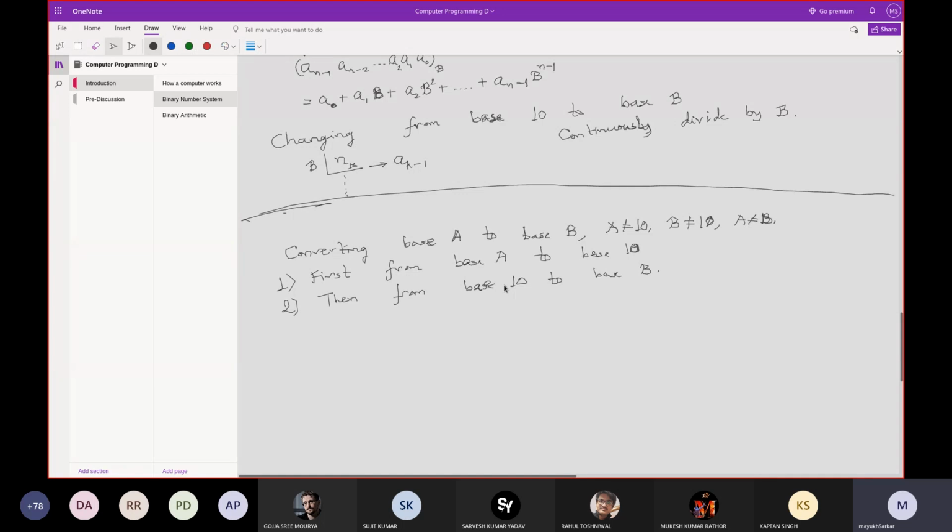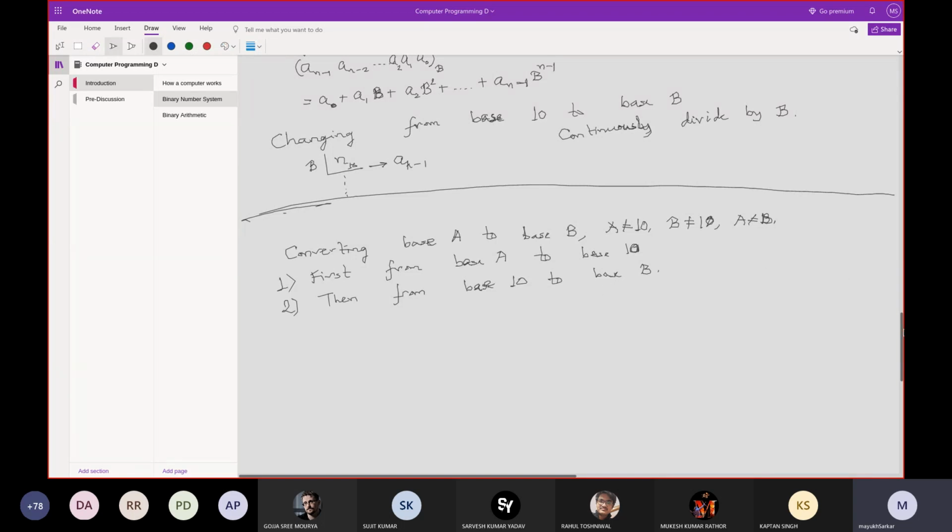Our natural arithmetic calculations always happen in base 10. We can easily divide or multiply in base 10, but dividing or multiplying in a base other than 10 is not natural, and that's why it is suggested that you first go from base A to base 10 and then from base 10 to base B.